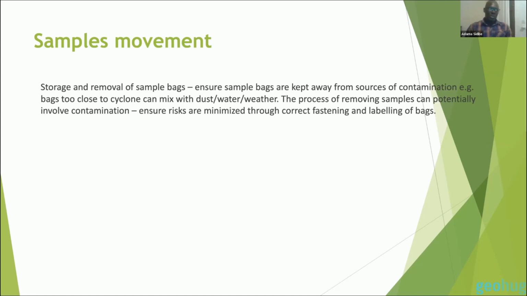The process of removing samples can potentially involve contamination. Ensure the risks are minimized through correct fastening and labeling of bags. You have to properly move the bags, maybe 4 to 5 meters from the cyclone to avoid contamination by dust and water.